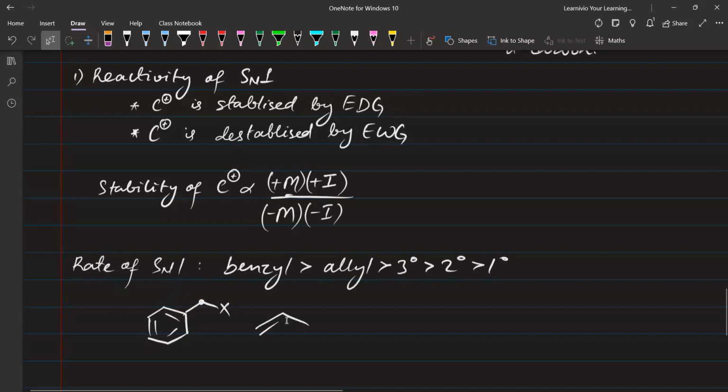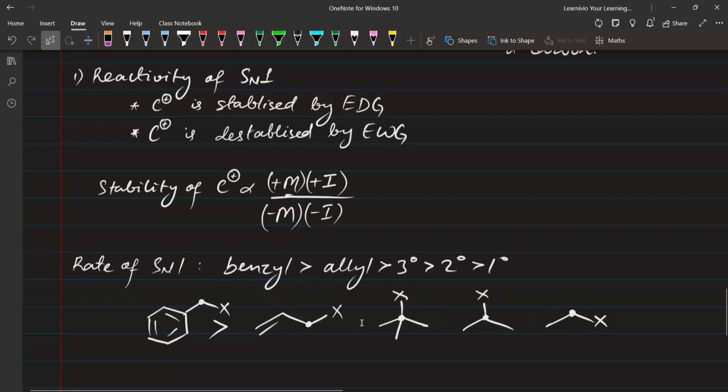Allyl, this is the allyl carbon. 3 degree will be something like this, halogen atom, this is the 3 degree carbon. 2 degree and 1 degree will be something like this. This is 1 degree carbon atom. ठीक है, so this is fastest followed by this.